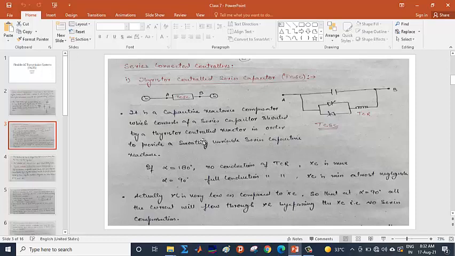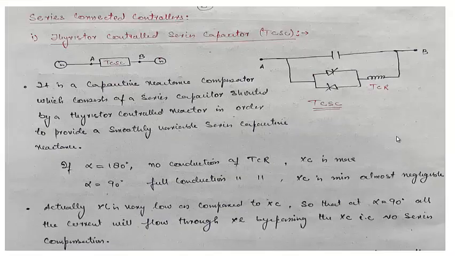As I have told you, this capacitor cannot be controlled continuously. It can be switched on or off. It has some problems. We'll discuss it in the coming lectures. So to have a continuously variable capacitance, we actually use a TCR, that's thyristor controlled reactor, in parallel with this series capacitor.